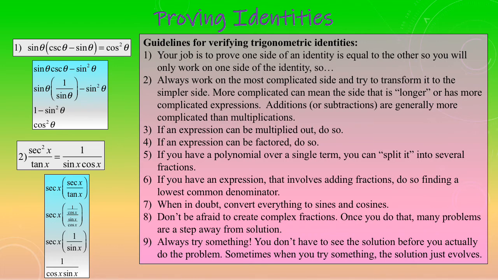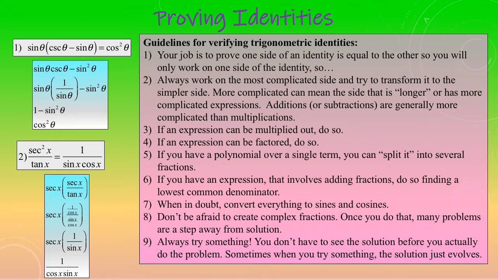Number 4, if a problem can be factored, do so. Number 5, if you have a polynomial that is written over a single term, we can split it into several fractions. Number 6, if you have an expression that involves adding fractions, do so by finding a lowest common denominator.